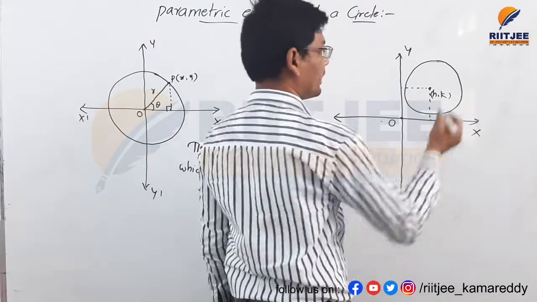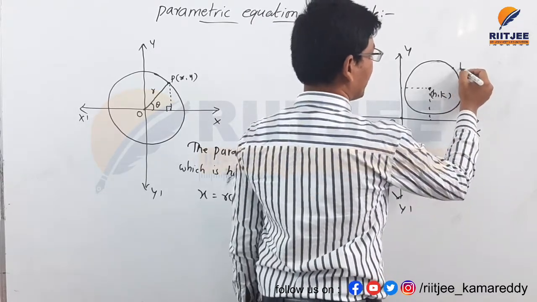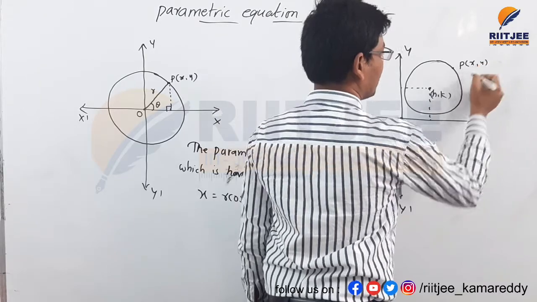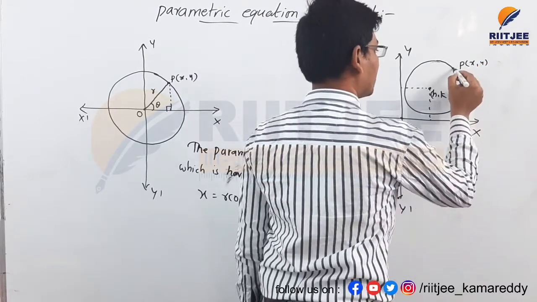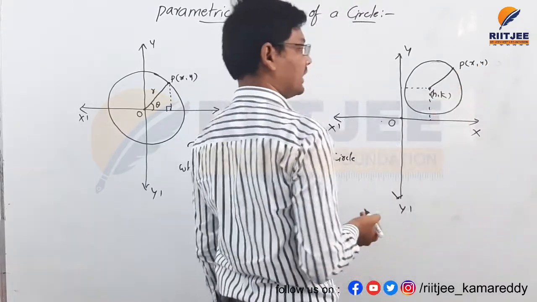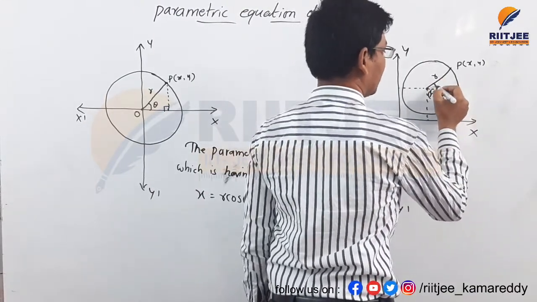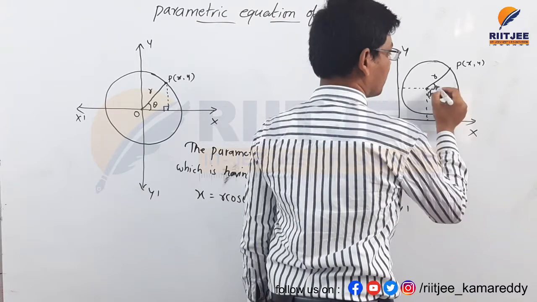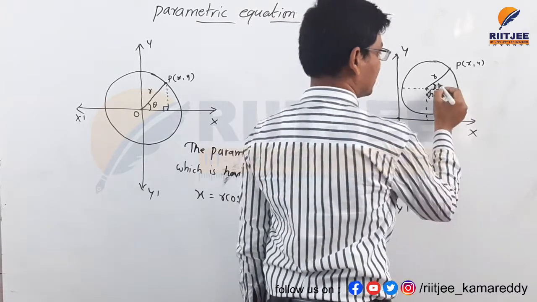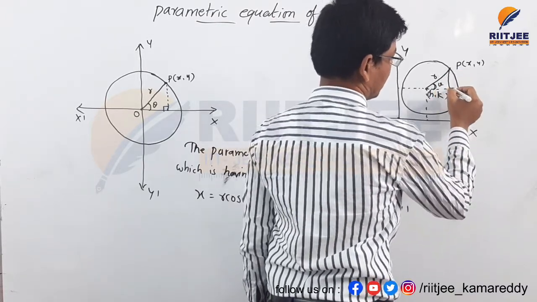A point P on the circle is x comma y, and the distance between the center and point P on the circle is the radius, and the angle made by the radius of the circle is theta, and this is 90 degrees.